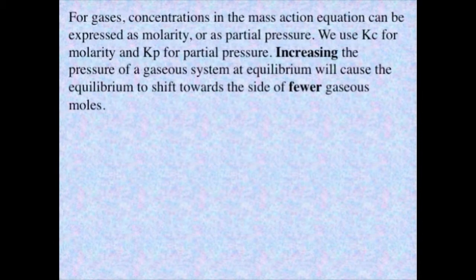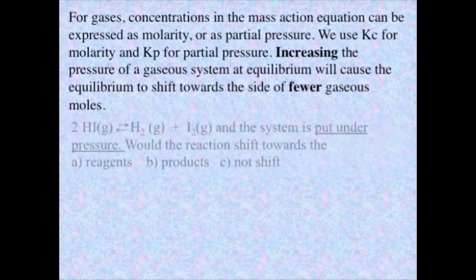Now for gases, concentrations in the mass action equation can be expressed as molarity or as partial pressure. We use Kc for molarity and Kp for partial pressure. Increasing the pressure of a gaseous system at equilibrium will cause the equilibrium to shift toward the side of fewer gaseous moles.